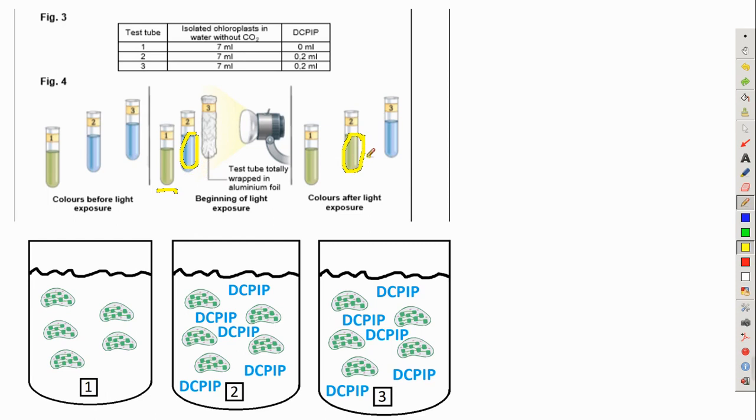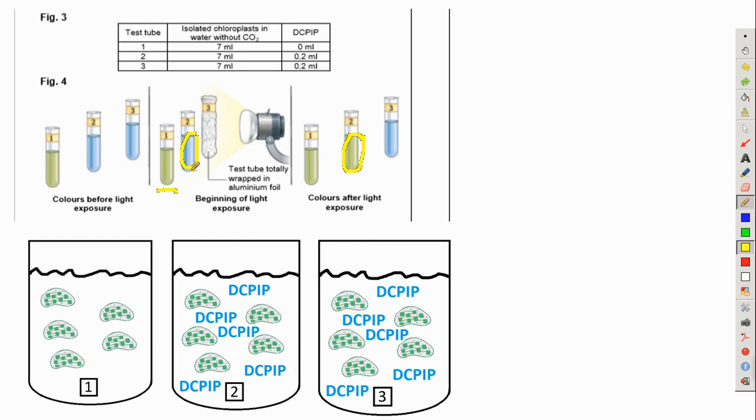So we're going to have to explain this. So we can say that in the presence of light, tube 2 went from a blue colour to a green colour.